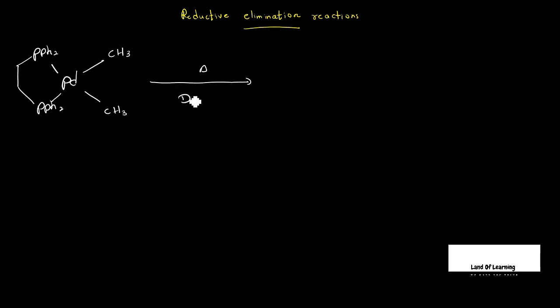Mostly as a solvent we use DMSO. When the reaction happens, unlike in oxidative addition, two ligands are removed from our complex. So here we have our vanadium with our PH2 ligand, which I'm just representing by L, plus we have the two CH3 groups connected to each other. So this is basically the reaction, right?